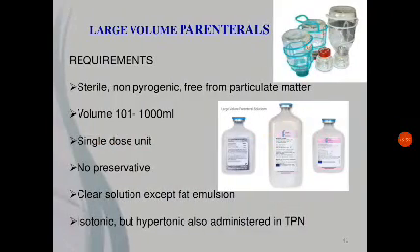Then large volume parenterals are sterile, non-pyrogenic, and free from particulate matter. Generally, they are supplied in bottles having a volume of 100 to 1000 ml and are single dose units. No preservatives. From the difference, it is clear now that preservatives or antimicrobial agents are not added.